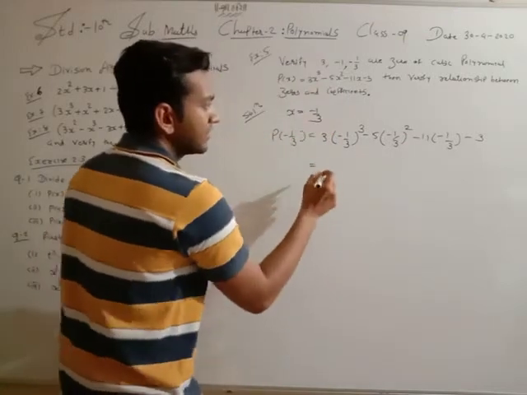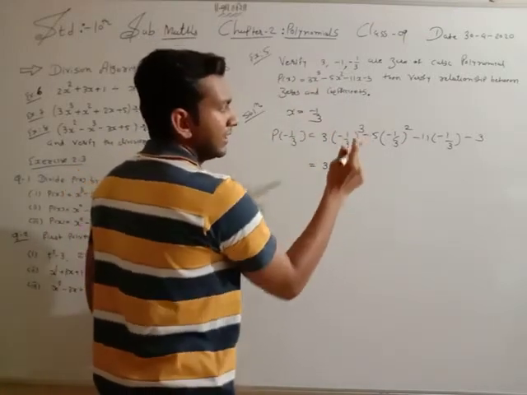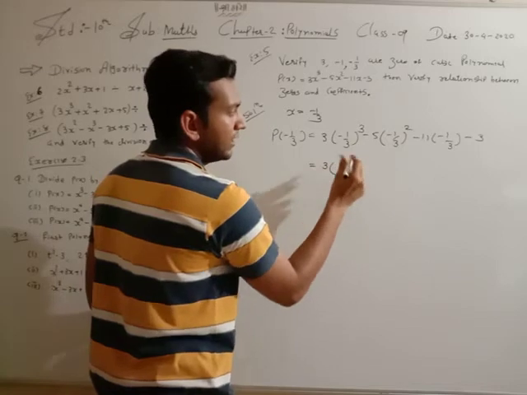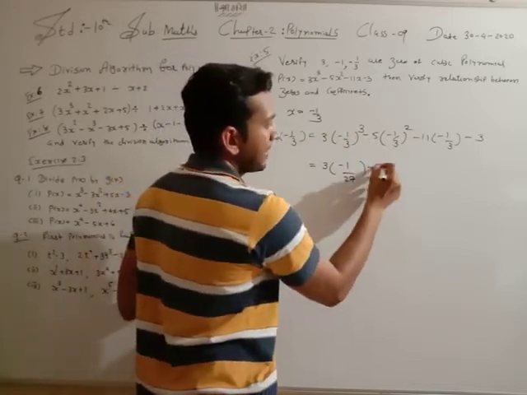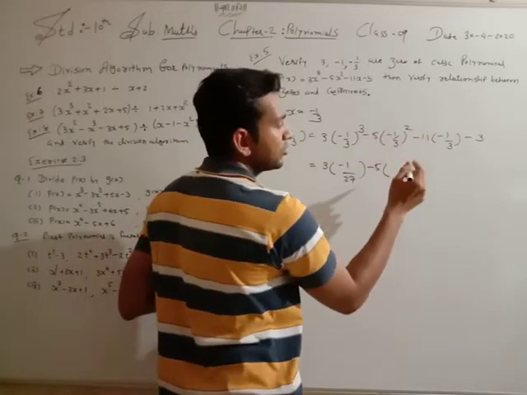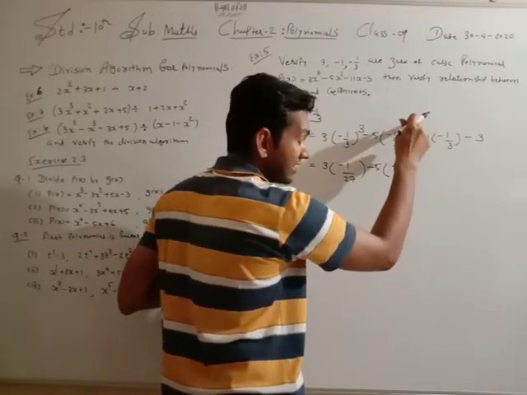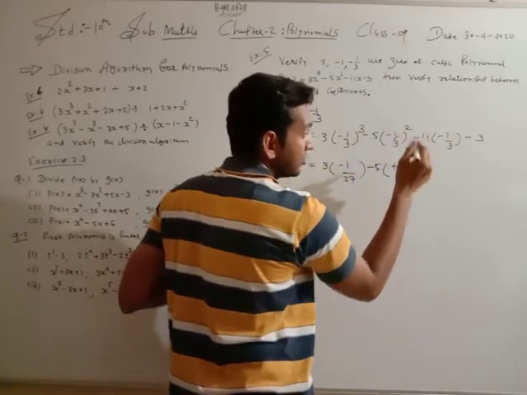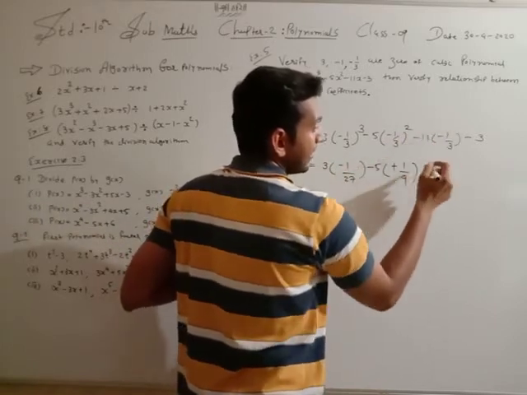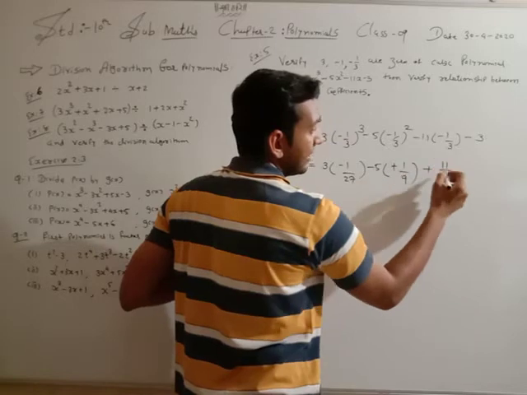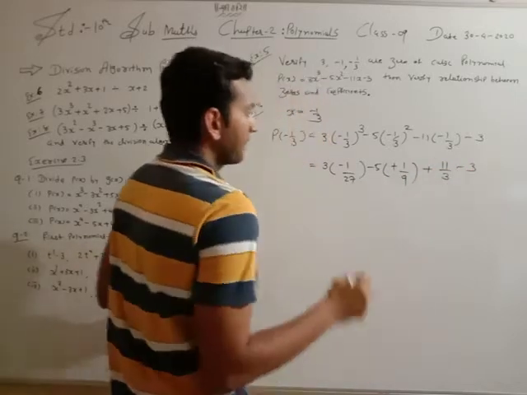Now solve it. 3 into minus 1 raised to 3 over 3 raised to 3, which is 27, minus 5 into minus 1 raised to 2, the power is even so the answer is positive, 1 raised to 2 is 1, 3 raised to 2 is 9. Minus minus plus, 11 ones are 11 upon 3, minus 3.